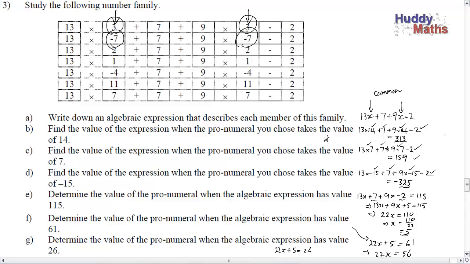Now, let's have a look. I wonder if you thought there's an easier, quicker way of doing that. It's going to come up here. Determine the value of the pronumeral when the expression is 115. 13x plus 7 plus 9x, take 2, 115. Did you think you could join the 7 and neg 2 together? Plus 7, take 2 is positive 5.